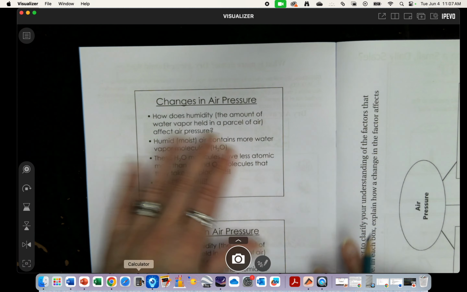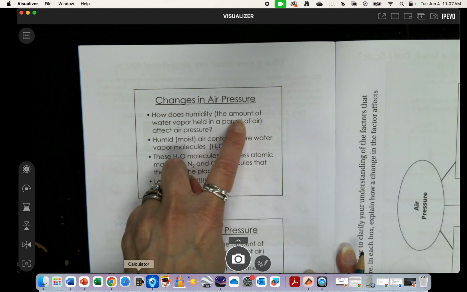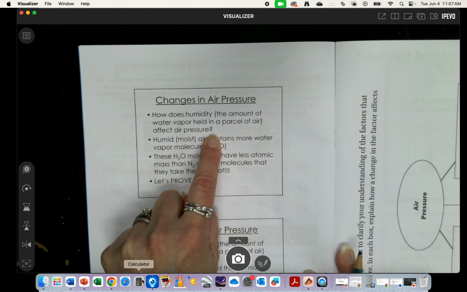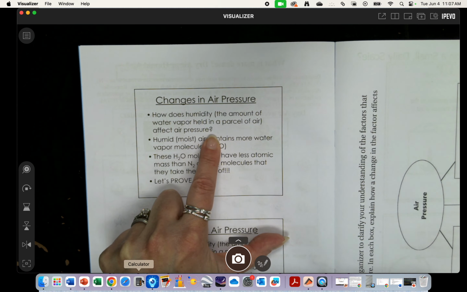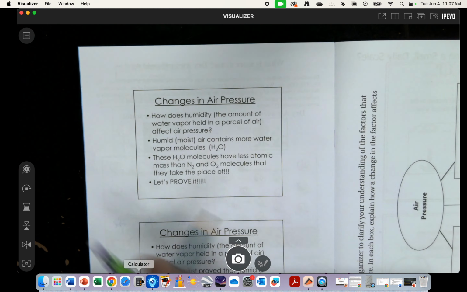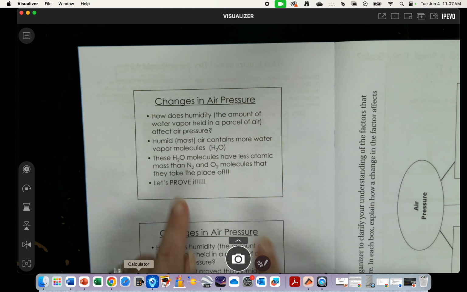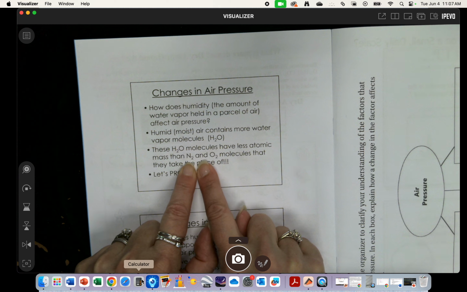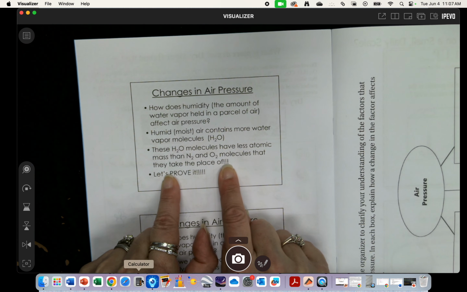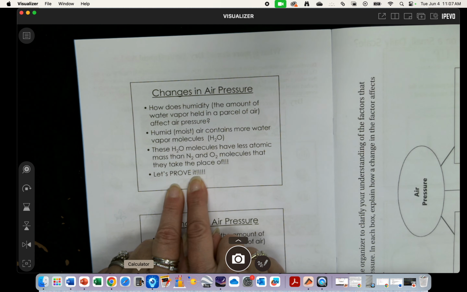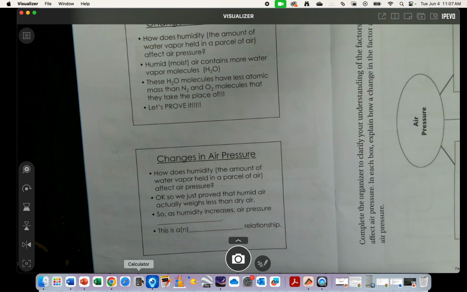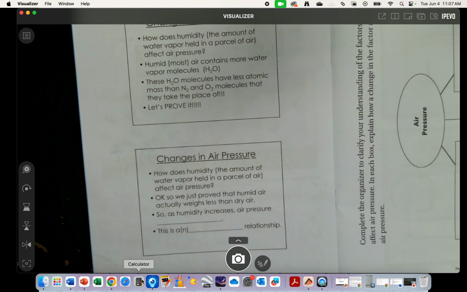How does humidity or the amount of water vapor held in a parcel of air affect air pressure? We just proved, and I've recorded this, page 8, that H2O molecules have less atomic mass than the N2 and O2 molecules that they take the place of. We already proved it, yeah? So how does humidity affect air pressure?